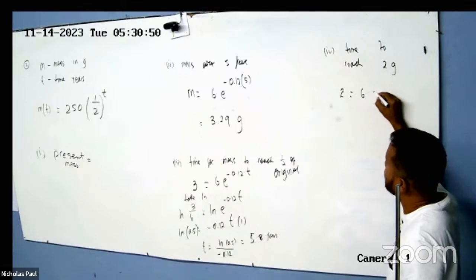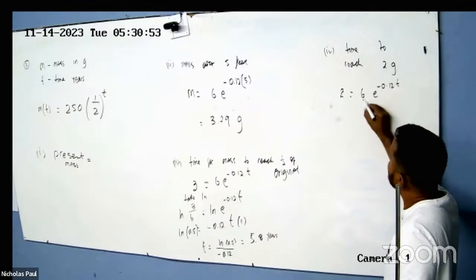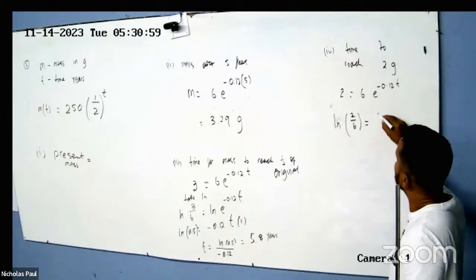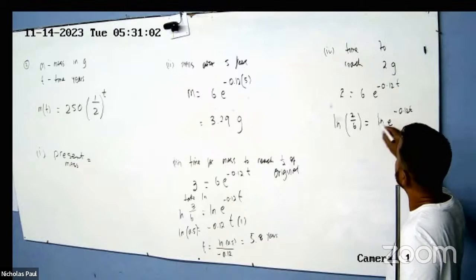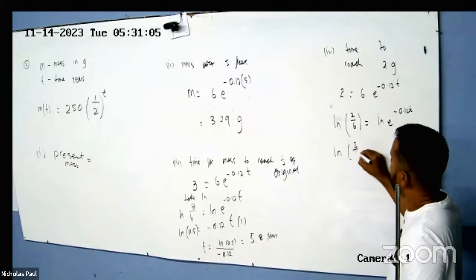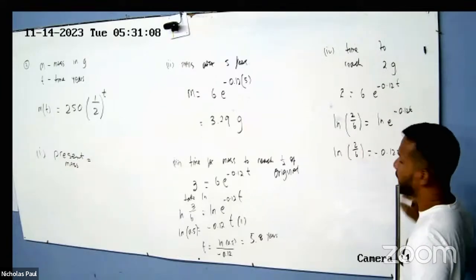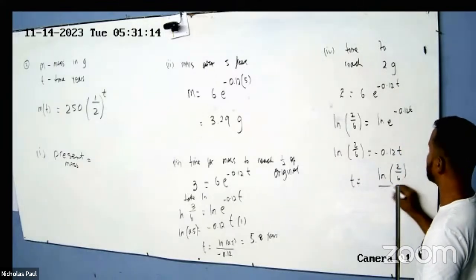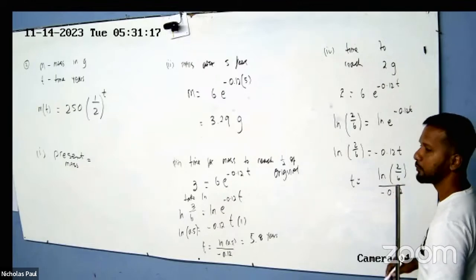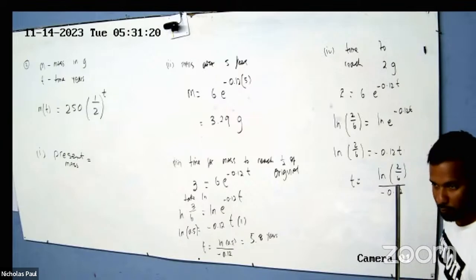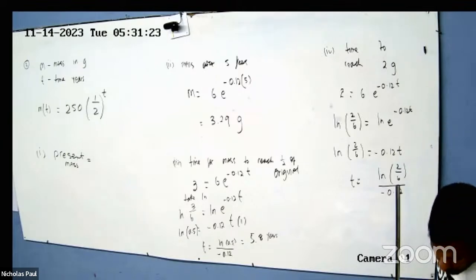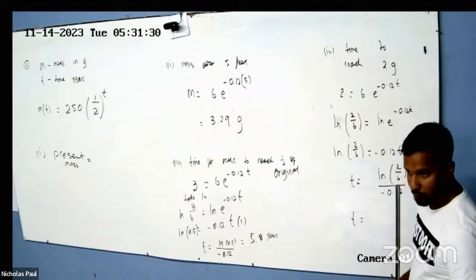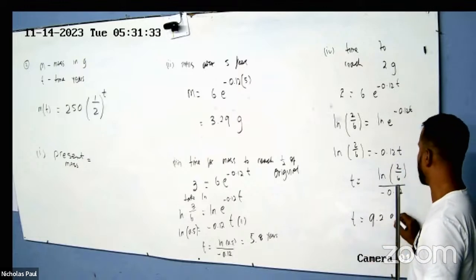So 2 is equal to 6 times e to the minus 0.12t. Divide across and take ln, so you get ln of 1/3 is equal to ln e to the minus 0.12t. The ln and e cancel, so ln is minus 0.12t, and you can easily solve for t. t is equal to ln over minus 0.12, which is 9.2 years.